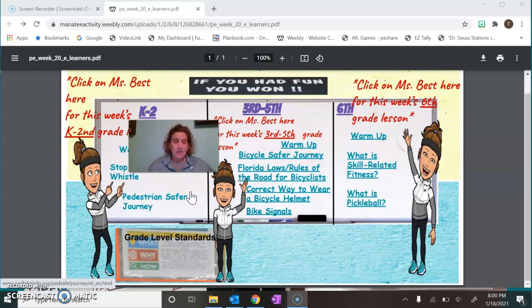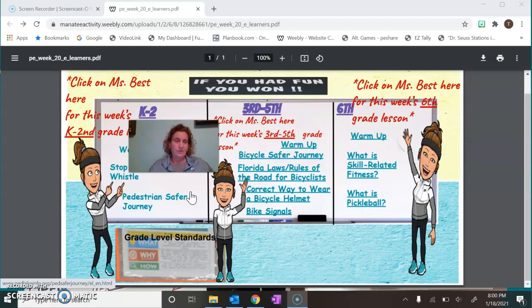So spend some time practicing being a pedestrian, understanding what a pedestrian is, and how to safely cross the street as a pedestrian. That's it for this week. Next week, we will still be learning some pedestrian stuff, so make sure you understand this week's lesson.